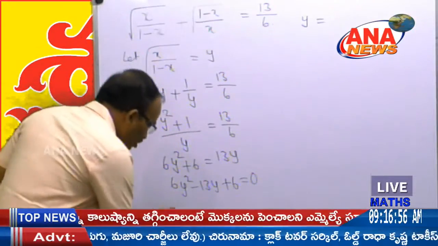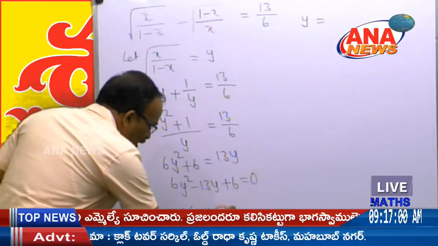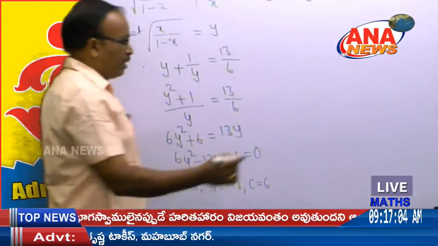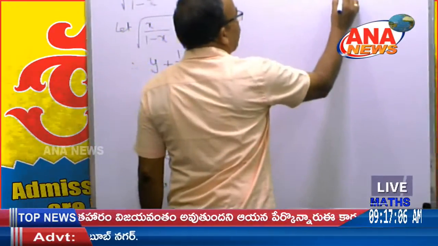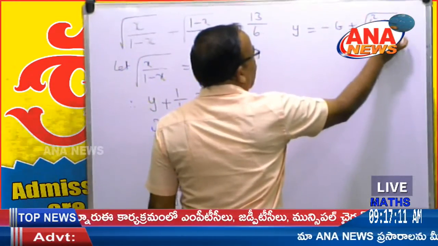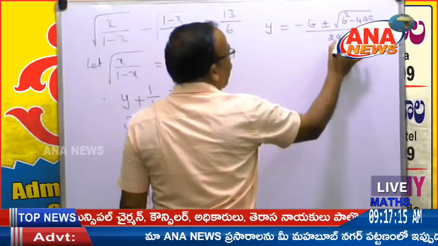Here a is equal to 6, b is equal to minus 13, c is equal to 6.